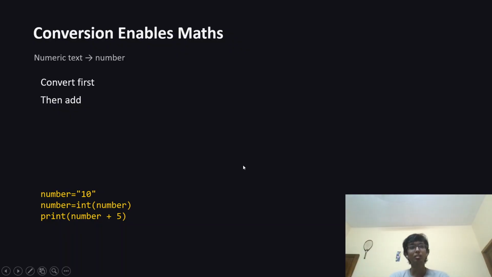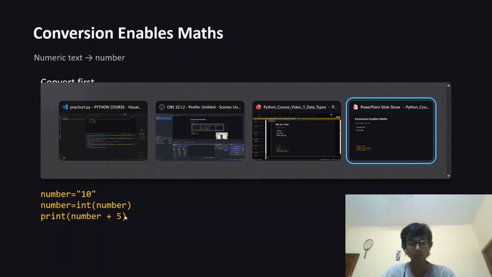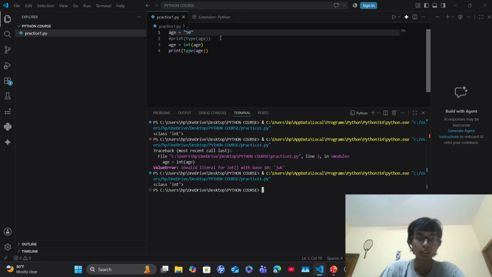The same conversion enables us to turn numeric text into a number, like how we did here. For example, number is int of number. This 10, the string 10 in quote unquote, is going to be turned into number 10 by the int function, and from that number we can add numbers. So we'll just do this very quickly.